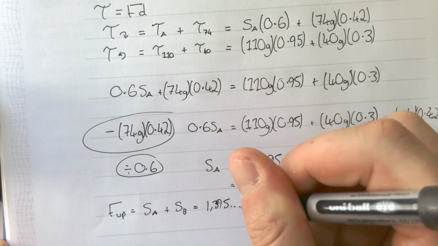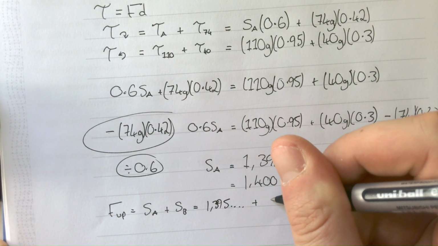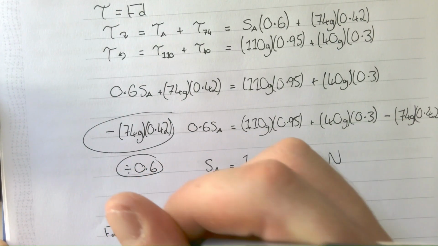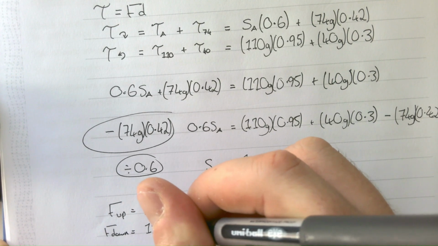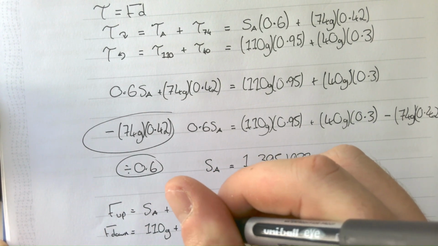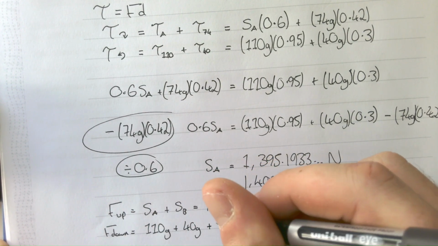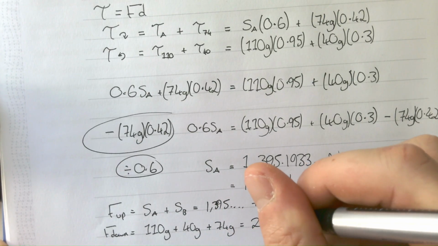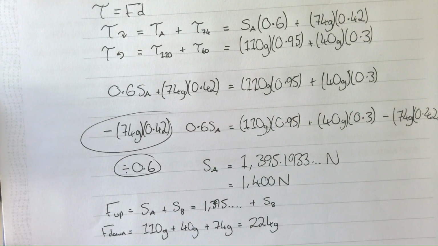1,395 plus SB, and I know that F down is equal to 110G plus 40G plus 74G. Now you could collect up your like terms if you're dead keen.